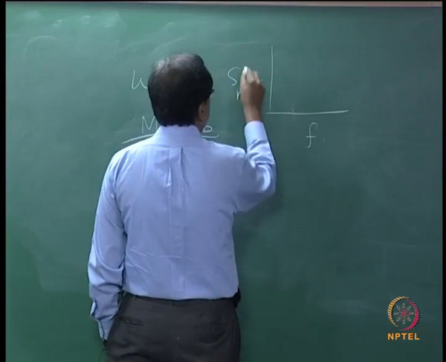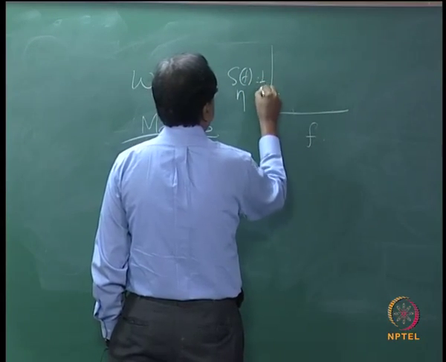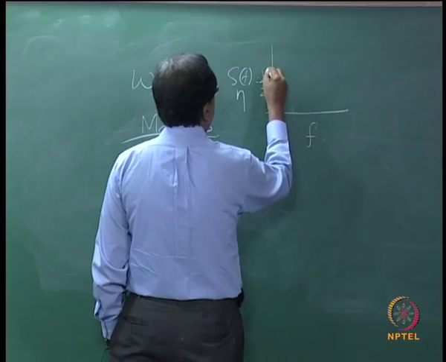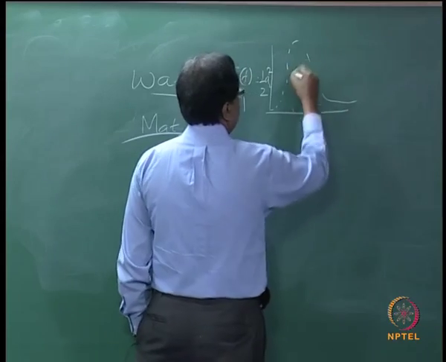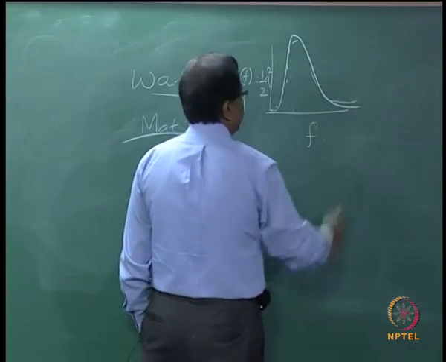that is nothing but half into amplitude square. Usually it will be something like this. So you will have something like this.